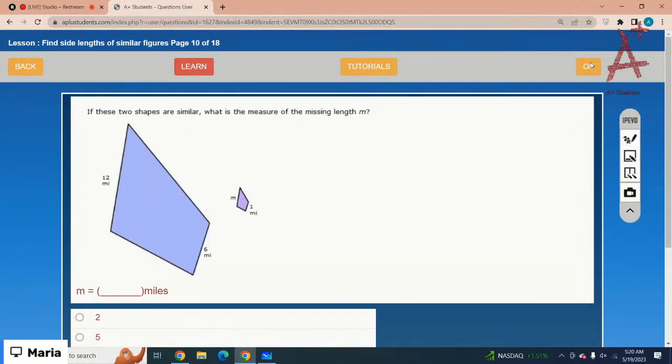Okay, if these two shapes are similar, what is the measure of the missing length M? So which is the correct option?